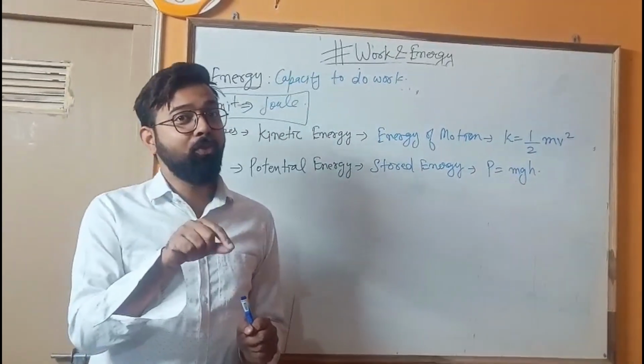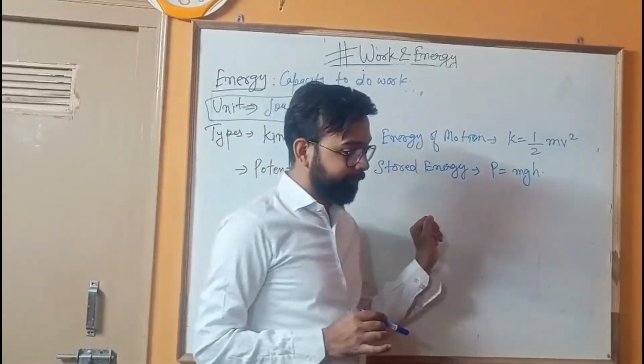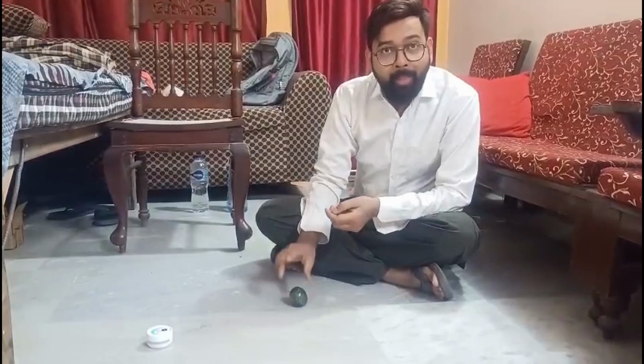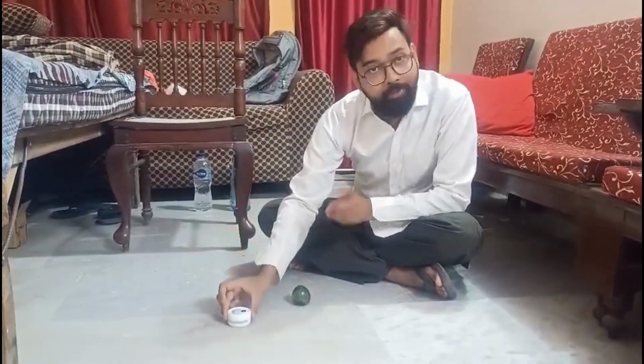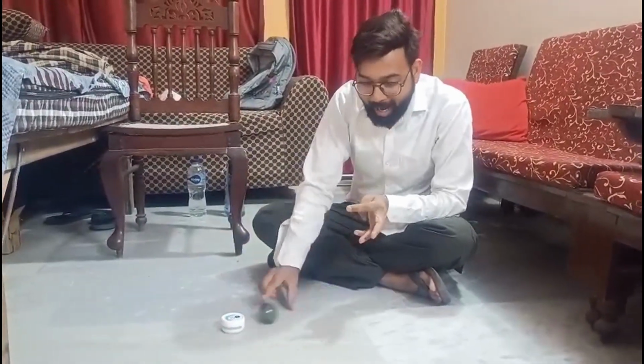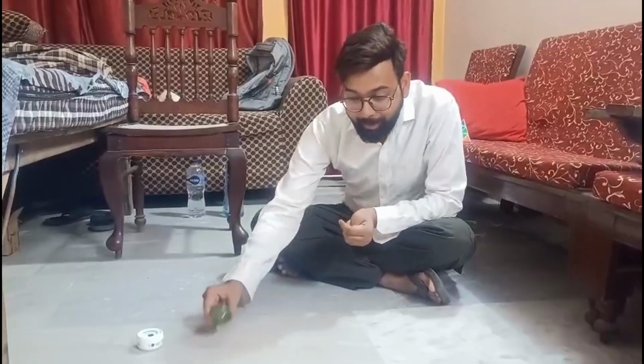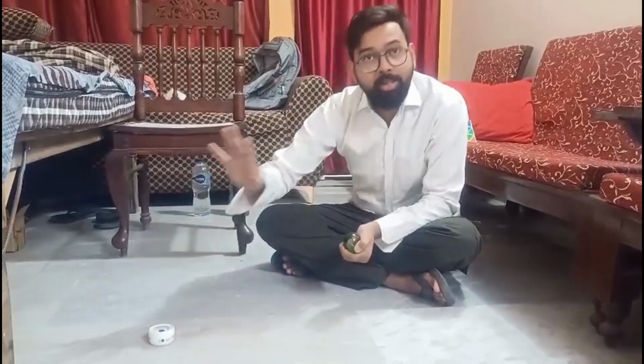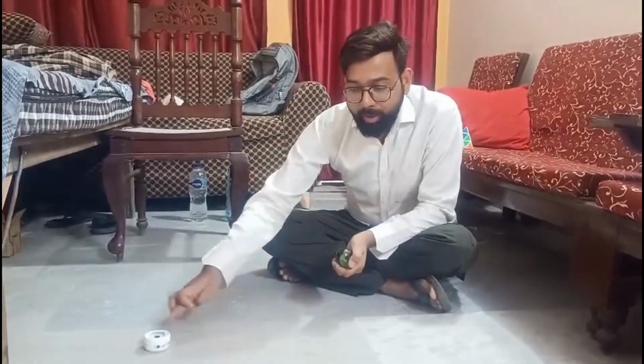And for this I am going to do one more activity. I am going to move this globe, and this is a box. We'll see what happens. So I move this and it was in motion and it collided with this small box, and it moved from this position to that position. So it moved.